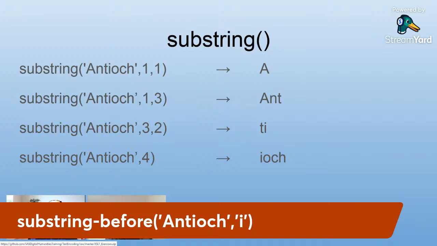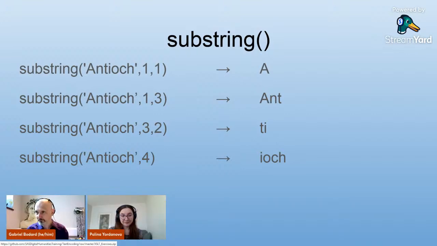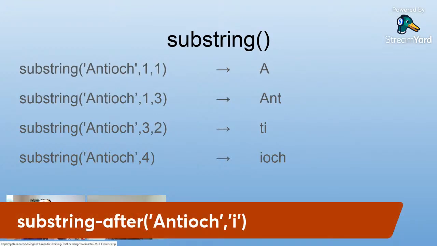It's the same as substring 1 to 3, in fact, on the screen there. And if we change that to substring-after, the answer to that would be och, I guess.